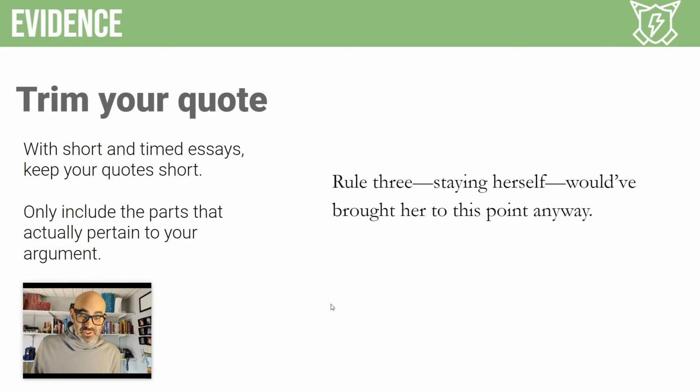This is already a relatively short quote, so there's not necessarily a ton that we need to cut out, but we still should think about what we can cut out here. I think in the end, for right now, even though this seems important, the important thing that we're probably going to use this quote for is to talk about the repetition of the mention of the rules, which is a thing that comes up again and again, and a thing that I mentioned in the thesis statement, and the fact that really in the end, she was going to do this no matter what because she's sticking to her principles, to her morals.